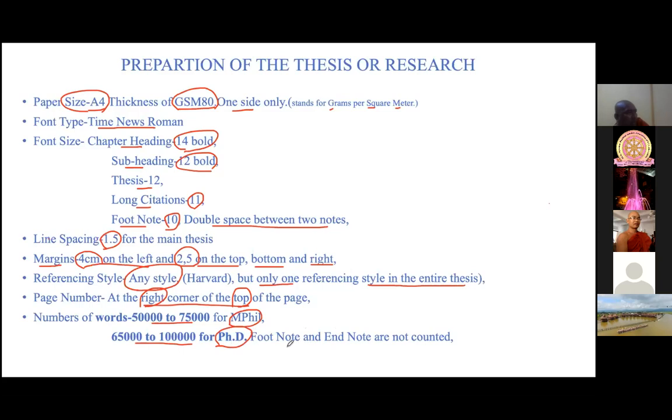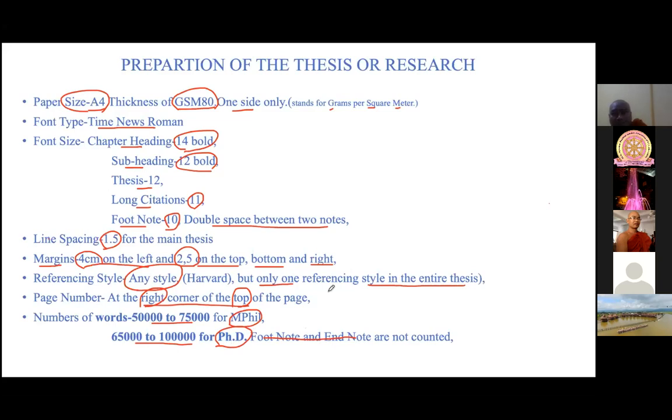You can use more if you have more information to write and add in, and go over the limitation. The footnotes and endnotes are not counted, only the body. Footnotes and endnotes are not counted into the word limit.